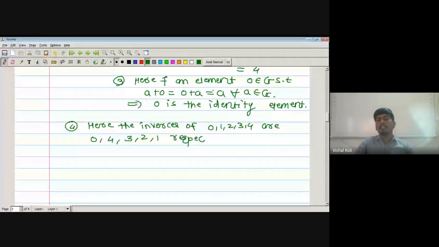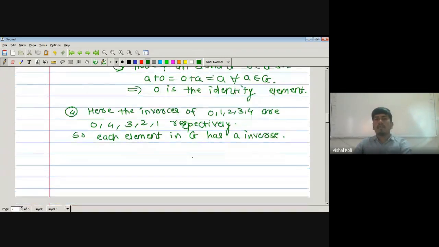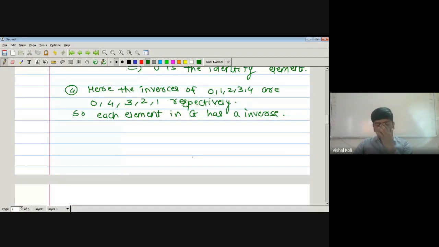Therefore, each element in the set G has an inverse. As the given set G with binary operation star, that is addition modulo 5, holds all the properties of a group, G with addition modulo 5 is a group.